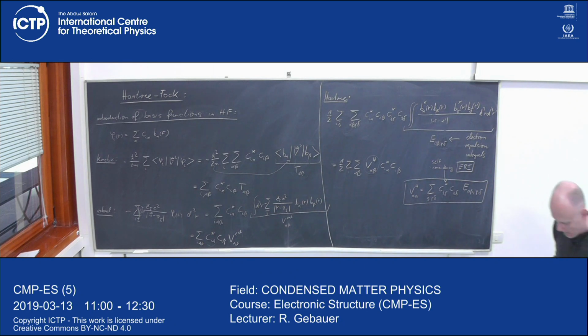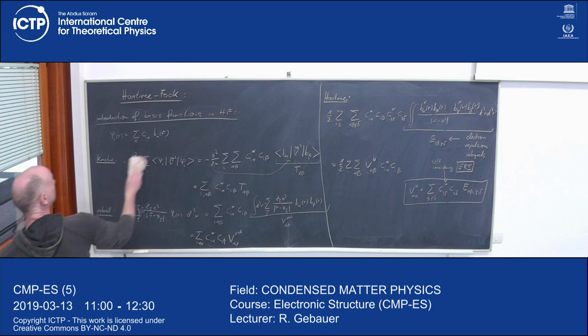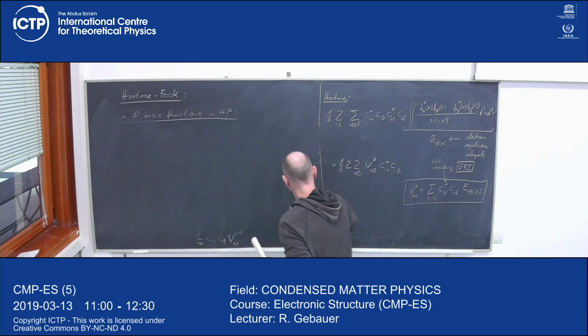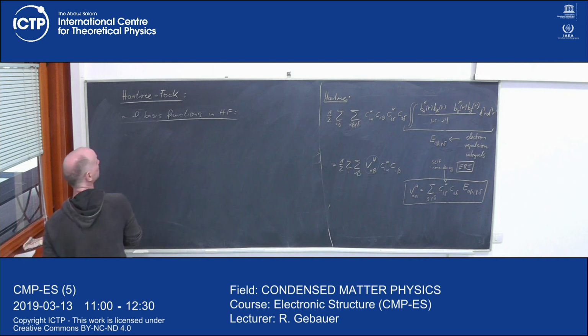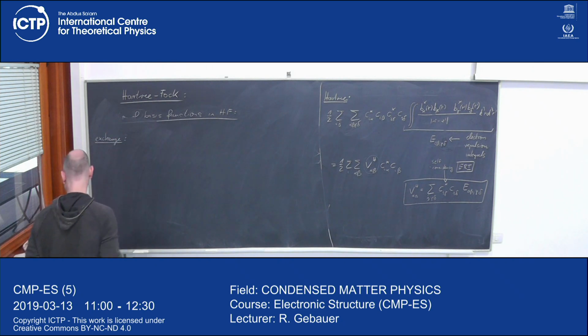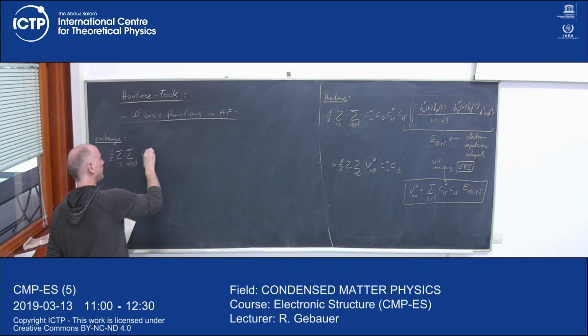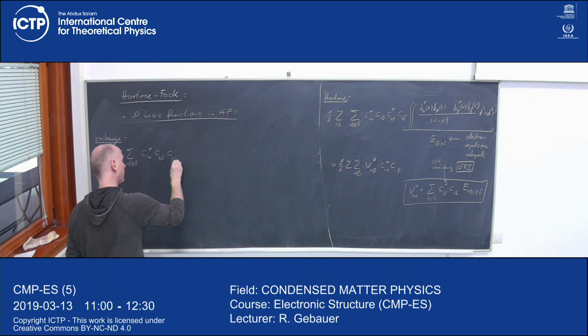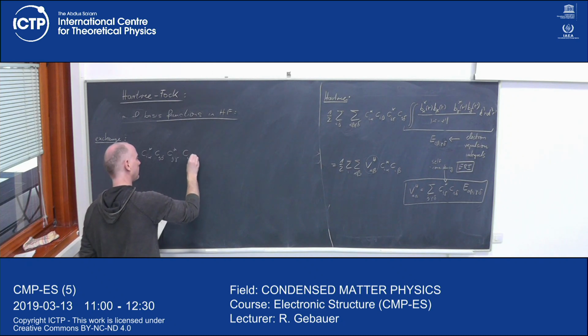So this was Hartree, and now exchange. So exchange, we again have 1/2 sum over i j, sum alpha beta gamma delta, C_i alpha complex conjugate, C_j gamma complex conjugate, C_j delta and C_i beta.